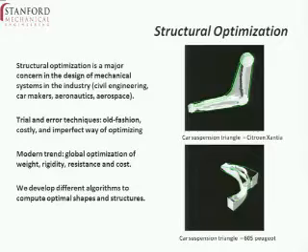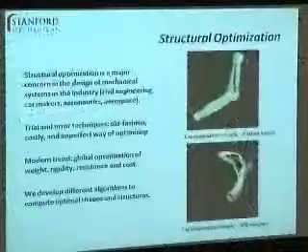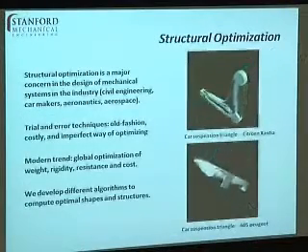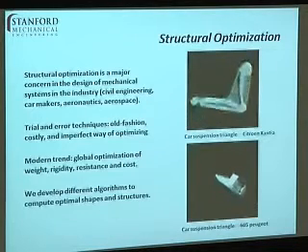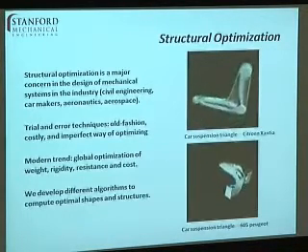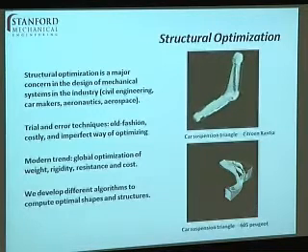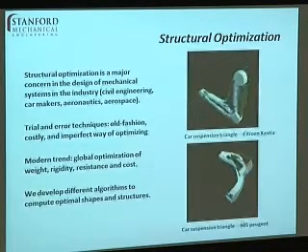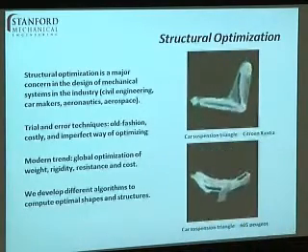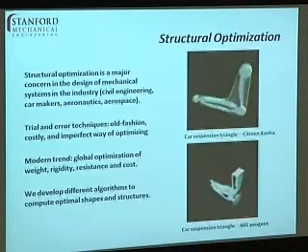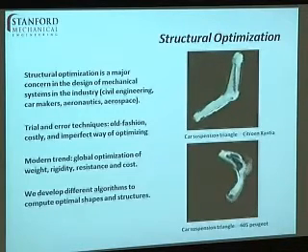So what is it? What you want to do is find a structure that has some good properties. For instance, here we are interested in the design of mechanical parts for applications in civil engineering, car makers, aeronautics, aerospace. The usual approach is trial and error techniques, which are expensive and an imperfect way of optimizing a mechanical part.